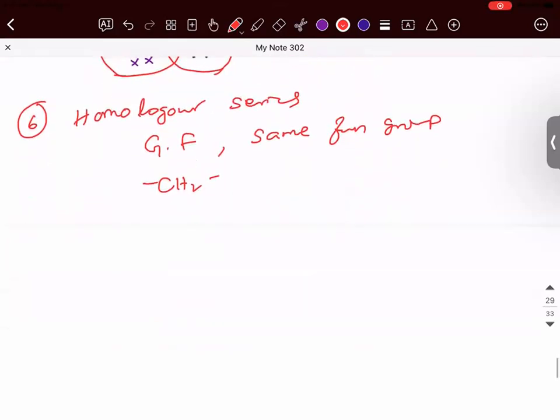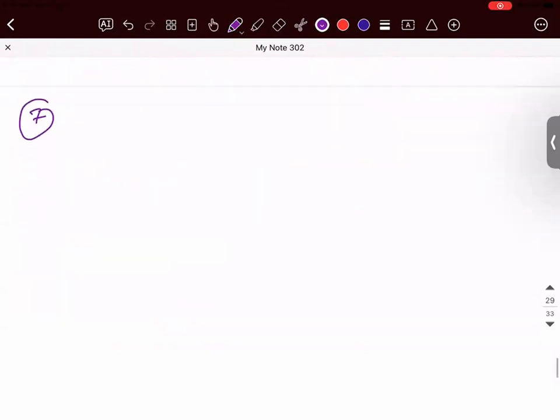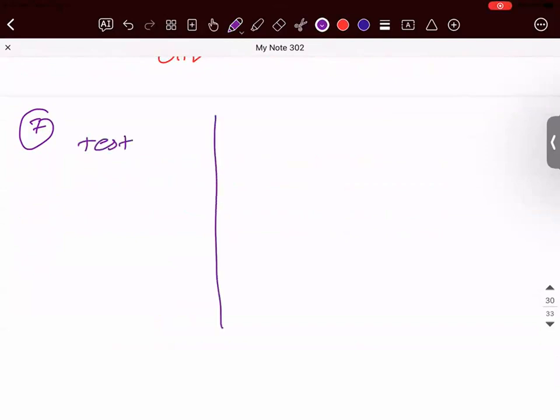And then seventh. So what is the seventh question? How can ethanol and ethanoic acid be differentiated on the basis of physical and chemical properties? Number one, so we can test ethanol and acetic acid or ethanoic acid.